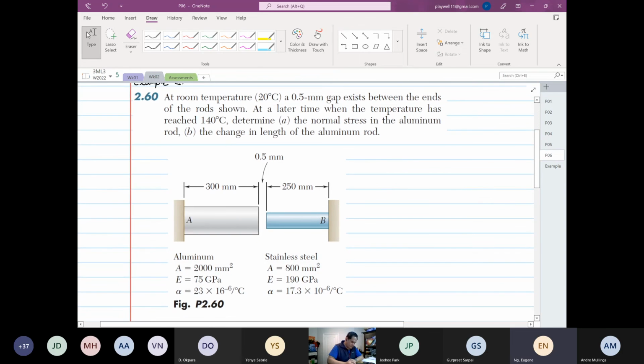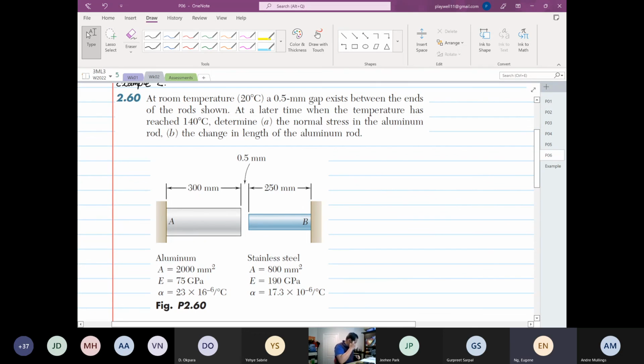Okay, so this is the example. And this is not 6, this is 0. Can you change that? My bad. It's not 16 times 10 to the power minus 6, it is 0. So at room temperature, a 0.5 millimeter gap exists.